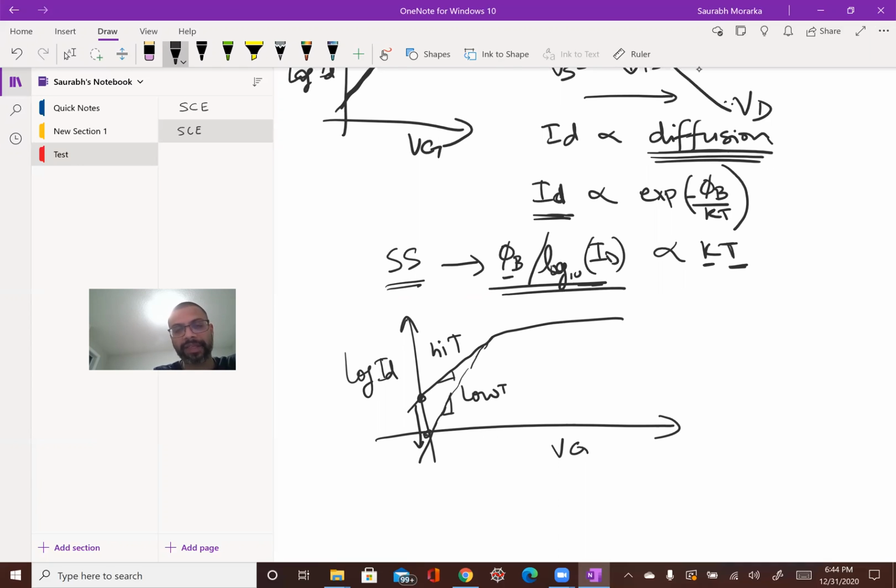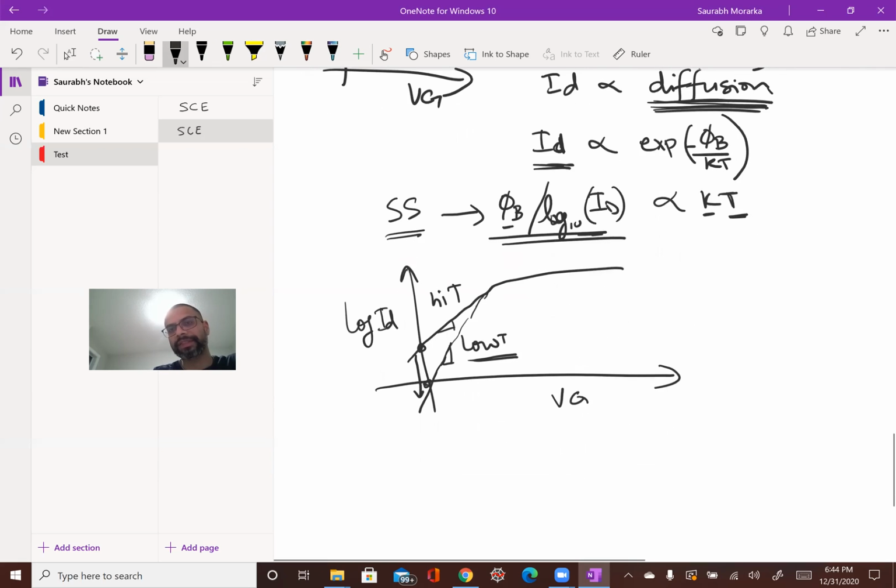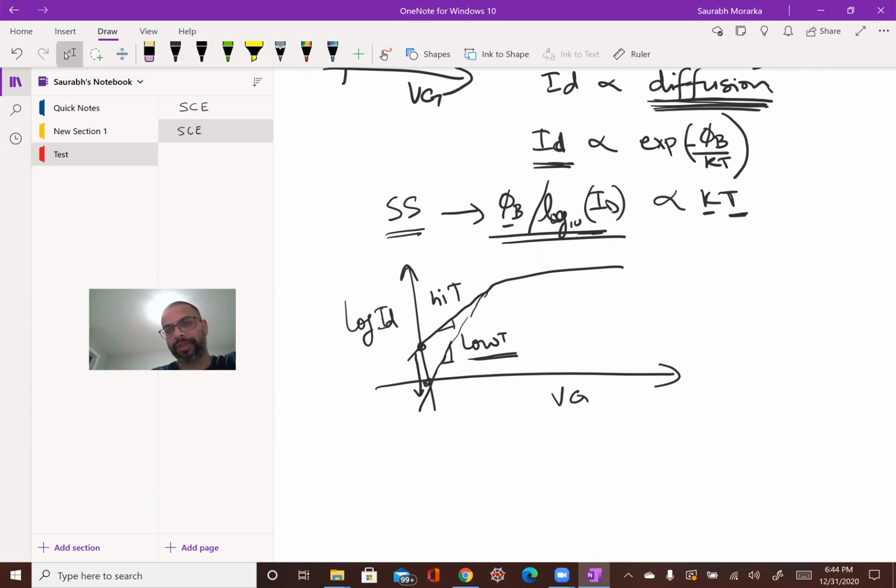And this has huge implications. The off state current has dramatically decreased just because it has gone to a low temperature. And physically we can understand because the diffusion current has reduced because the carriers don't have enough thermal energy to be able to hop over the barrier. So that's what happens with the subthreshold slope versus temperature.